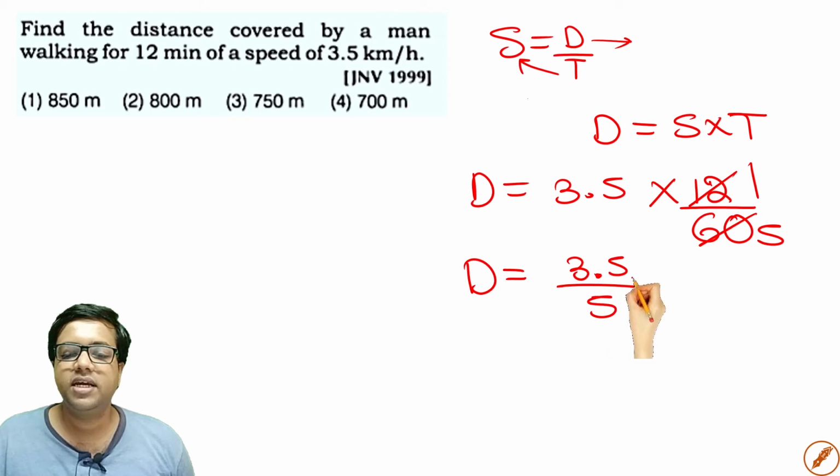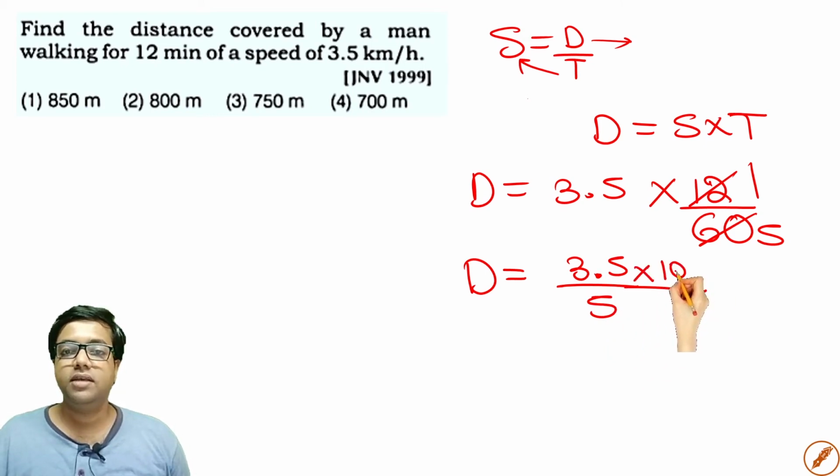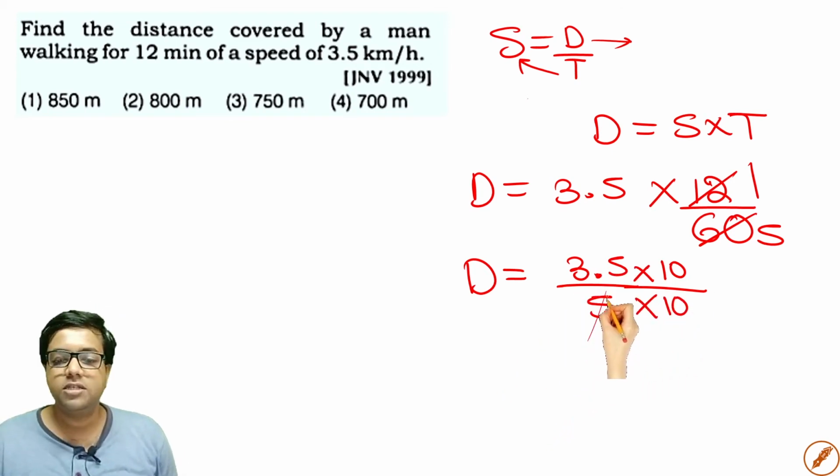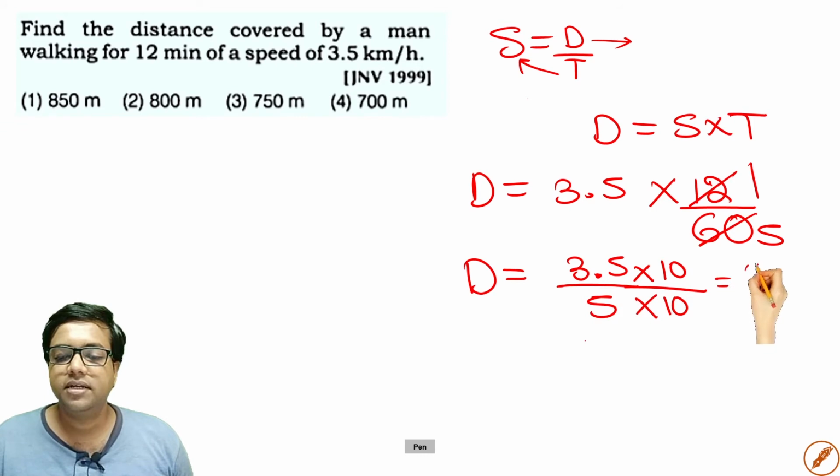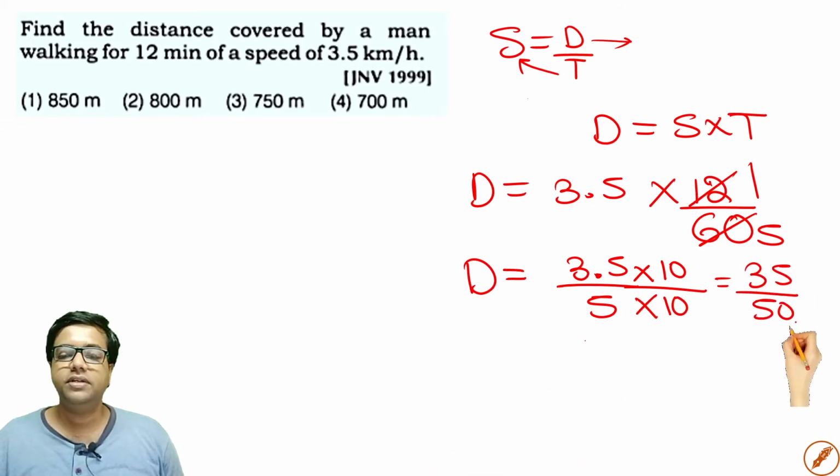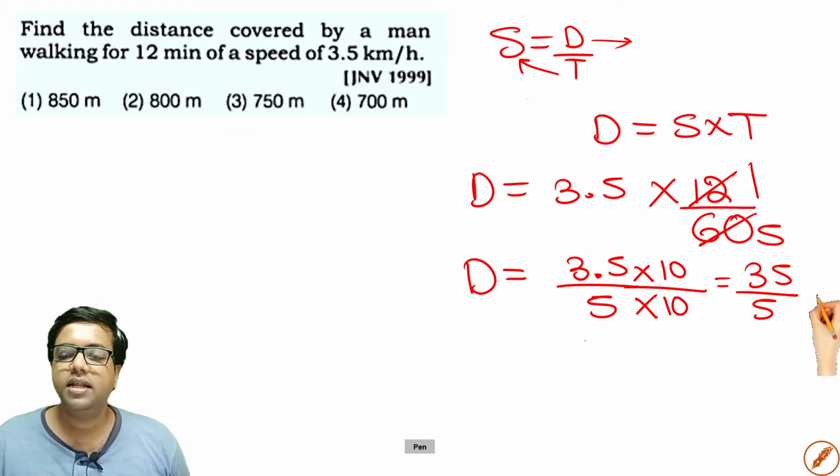In order to take away this decimal point, I will multiply 10 in the numerator. When I multiply anything in the numerator, I will also have to multiply the same number in the denominator as well. So you will get 35 by 50, or this can also be written as 35 by 5 into 10.